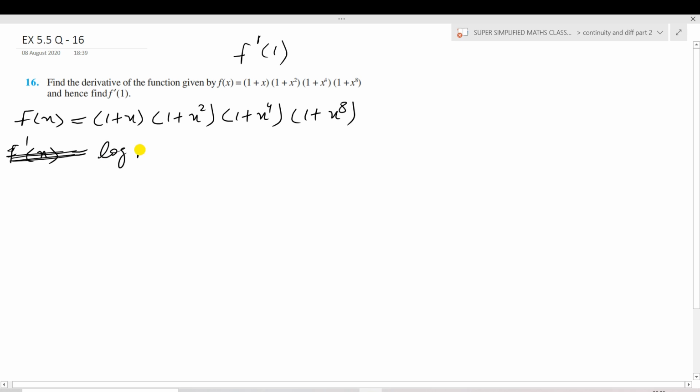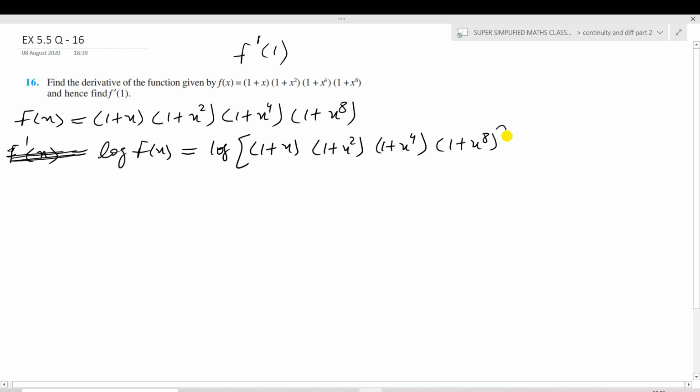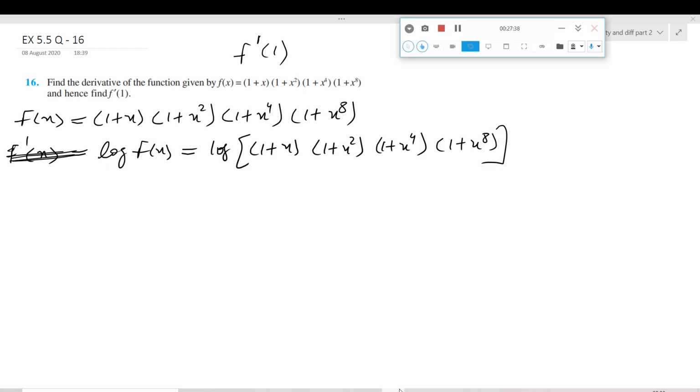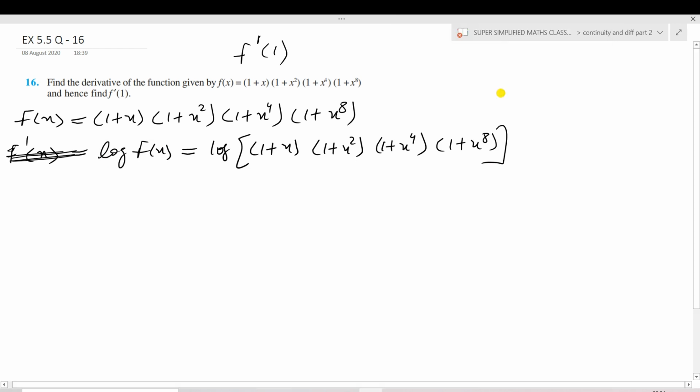That gives me log of f(x) is equal to log of the right hand side, which is (1 plus x)(1 plus x square)(1 plus x4)(1 plus x8). Now, applying the properties of log, I expand the right hand side. Which property am I going to use?